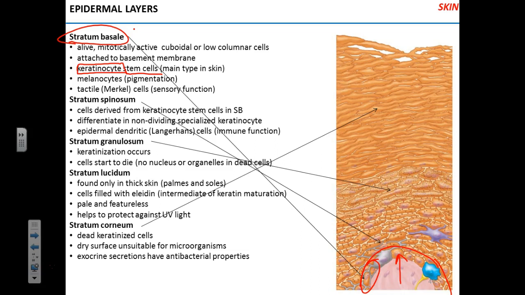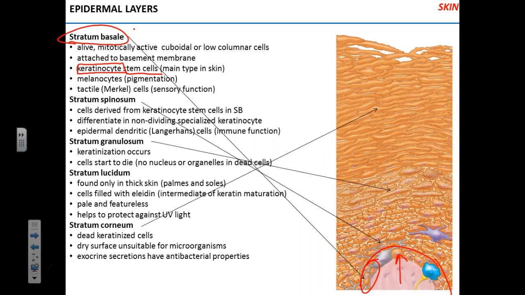We have discussed stem cells before, and we have mentioned that stem cells in general can have different potency. Some of them can become practically all cells, some of them can become only a very specific set. Keratinocytes can become only one cell type, skin cells.